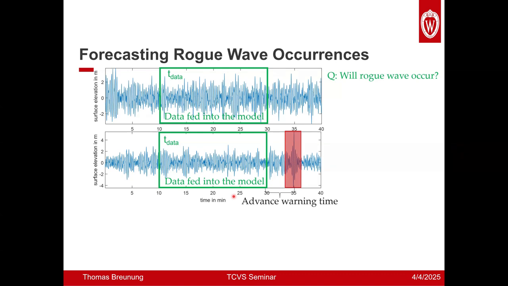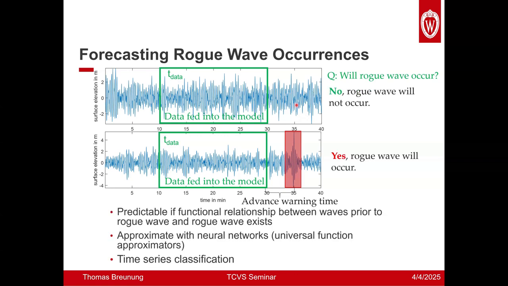If you give me this time series, this measurement of sea surface elevation, based on this knowledge of the sea surface elevation, we need to determine whether a rogue wave will occur in the future. And of course, for the top time series, there's no large wave coming up here, so the answer should be no, a rogue wave will not occur.